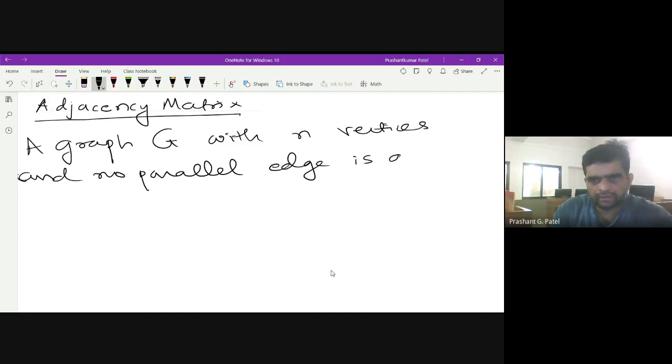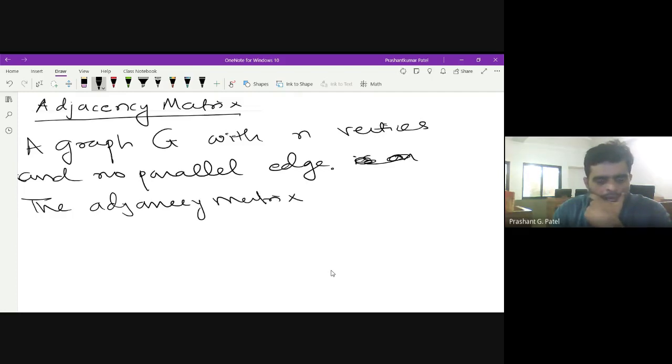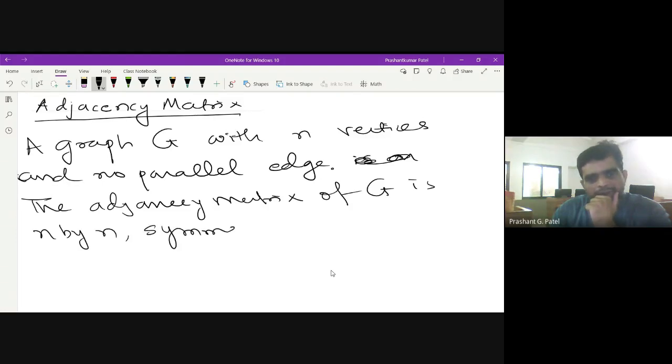And the adjacency matrix of this graph G is an n by n symmetric matrix, a symmetric binary matrix.